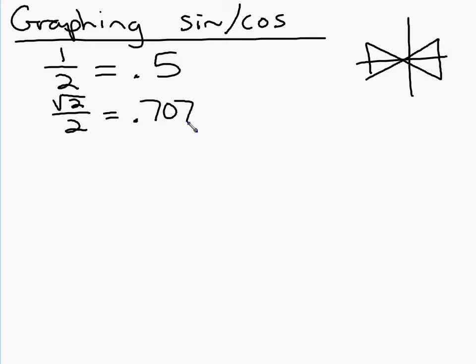All right. Let's do that with another value that shows up a lot, the square root of 3/2. If you take the square root of 3 and divide it by 2, I believe you get 0.866.